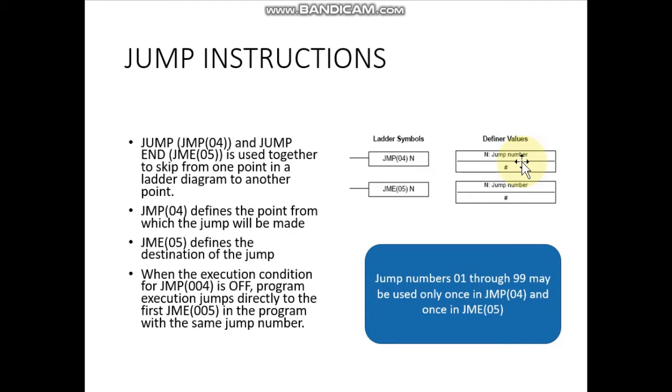For the program to run as usual without jumping, the execution condition to the symbol jump must always be on. Once you want the instructions to be jumped to the next portion, it will have to be off.